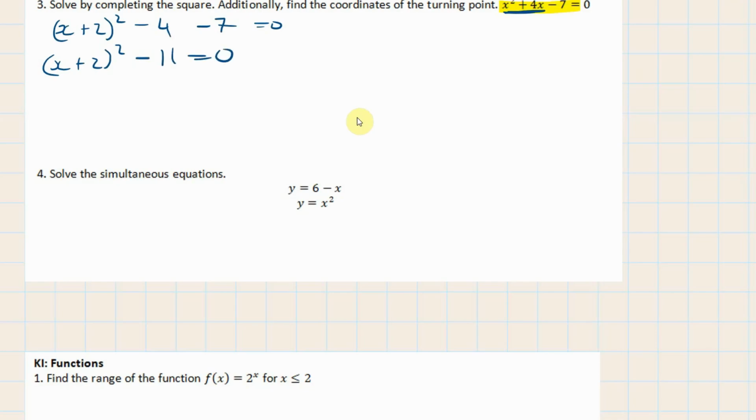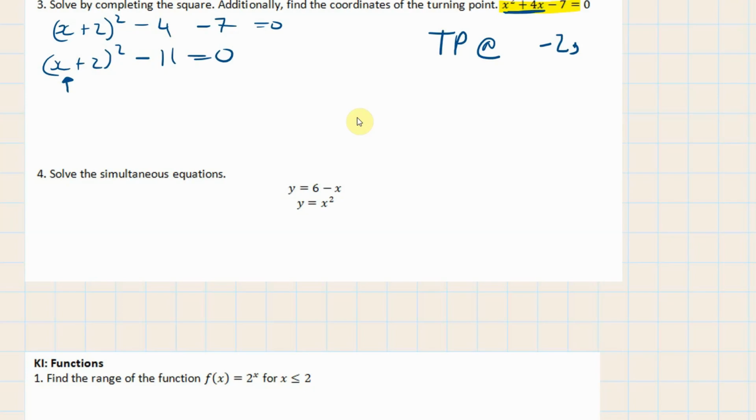Now, straight away, I know the coordinates of my turning point. So my turning point is at, now, we look at this bit here. To get the minimum point of a positive quadratic, we're going to have a negative 2 for our x value, because to make the lowest value possible, you want to get this bracket here equal to 0, because 0 squared is 0, and then that will give you the minimum point, because anything else that you square is going to be a positive, which means the value will end up being higher.